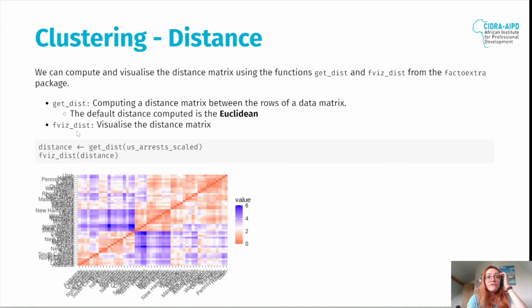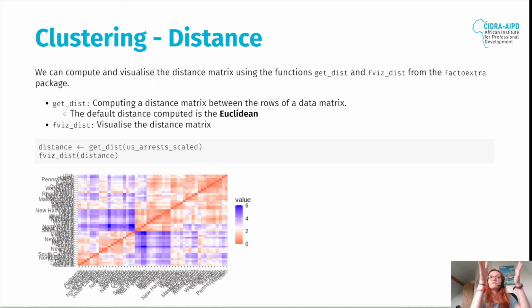And we use the fviz_dist to actually visualize this distance. So we can see here that the distance is going from 0 to 6 on a Euclidean metric. States that are more distant are more different, while a smaller distance, the closer to 0, means those places are more similar. So the distance of, I don't know, Alabama with Alabama is 0, right?